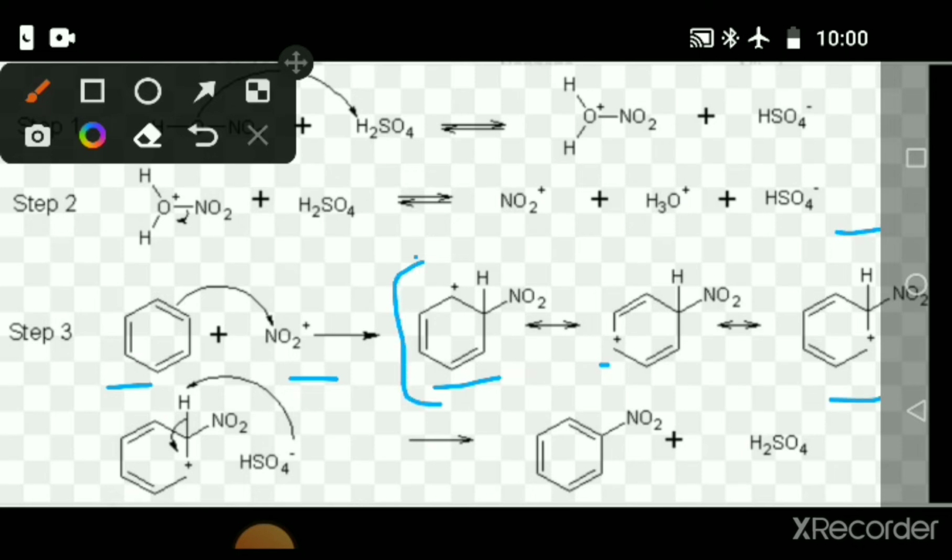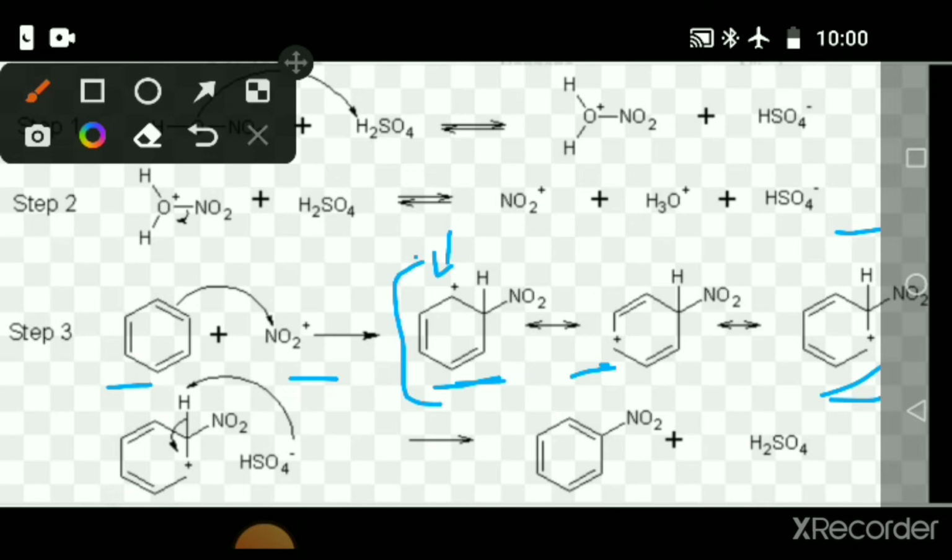In the first one, the carbocation is formed in the ortho position of the benzene. In the second one, the cation is formed in the meta position of the benzene. And in the third resonance structure, the cation is formed in the ortho position of the benzene.